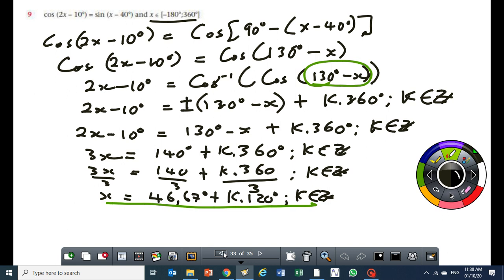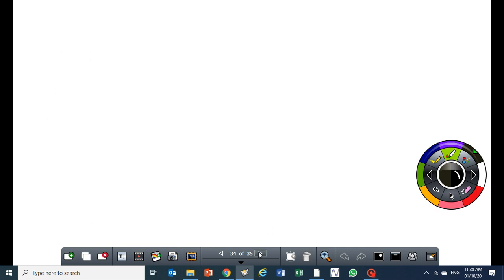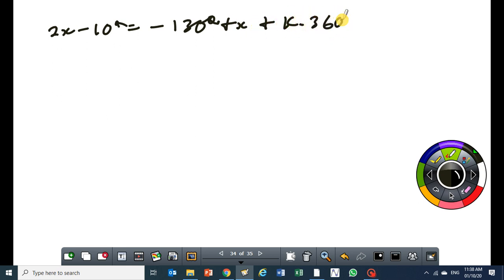So 2x minus 10, so it becomes 2x minus 10 degrees is equal to minus 130 degrees plus x plus k times 360, where k is an integer.